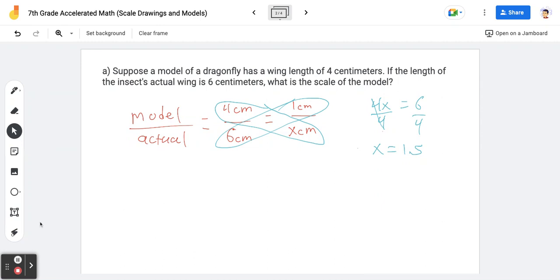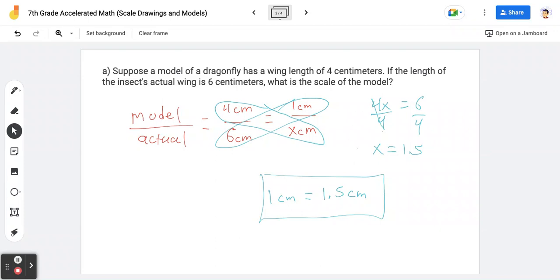So the scale in this case, for the model to the actual, is that 1 centimeter in our model is equal to 1.5 centimeters, which is our actual. That would be considered our scale. For every 1 centimeter, the actual is 1.5 centimeters.